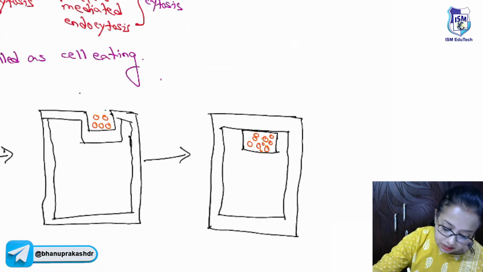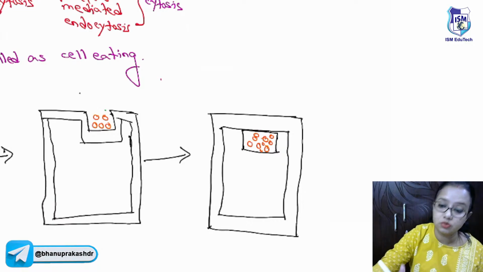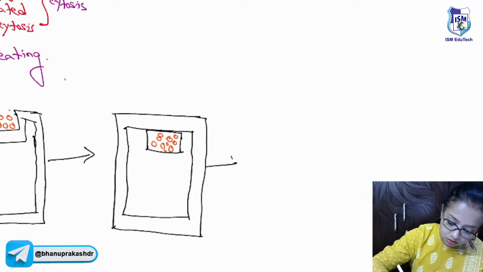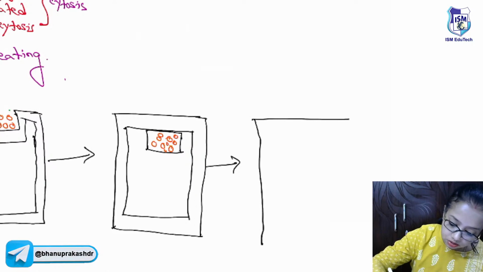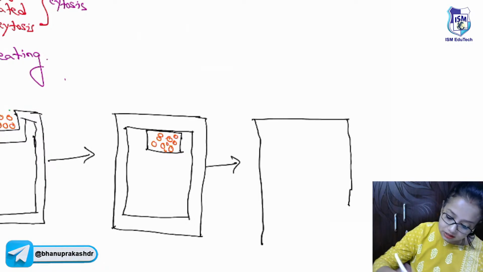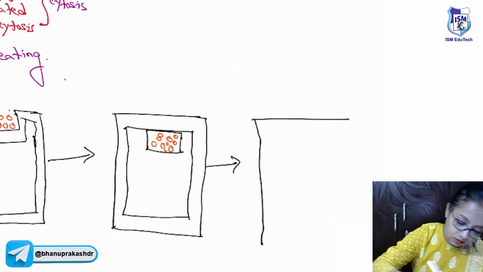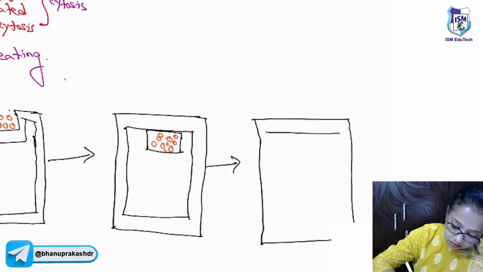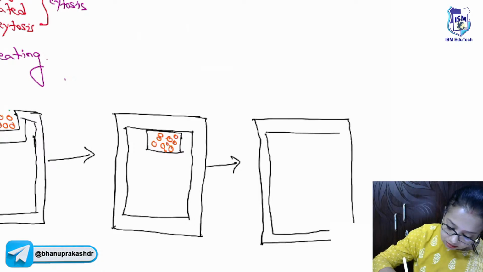A vesicle containing the substance to be brought into the cell is now sticking out from the cell membrane, and then it will loosen up, get pinched out, and enter the interiors of the cell. Okay, something like this.